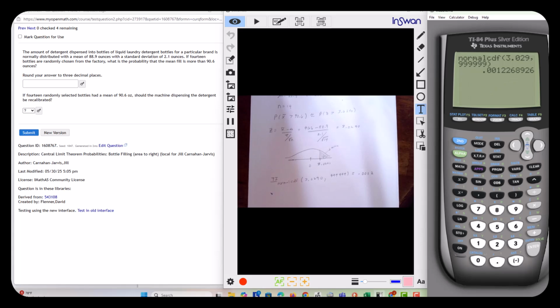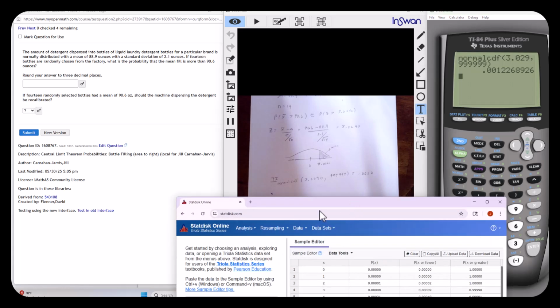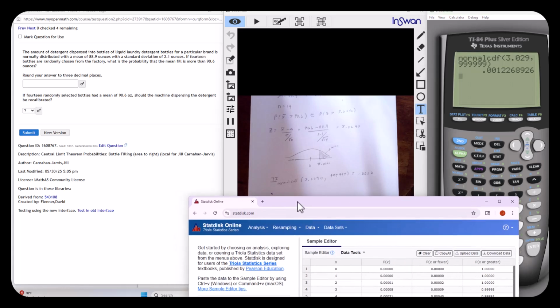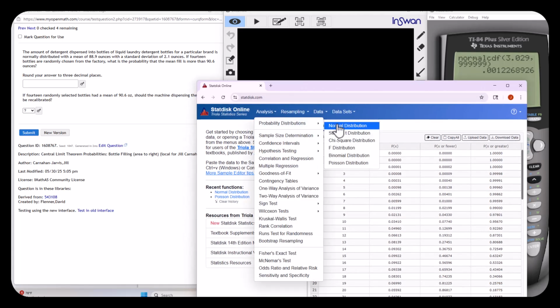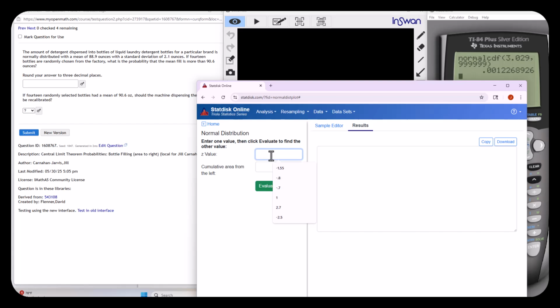So StatDisk, we'll do the same thing. Analysis, 3.029. Remember, we found out in the last one that it actually gives me the area to the right, which is nice.